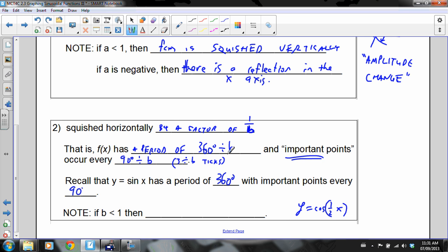But these rules still work, because when I divide by half, the period actually gets bigger. And it's a horizontal stretch. And this is called, friends, a period change.